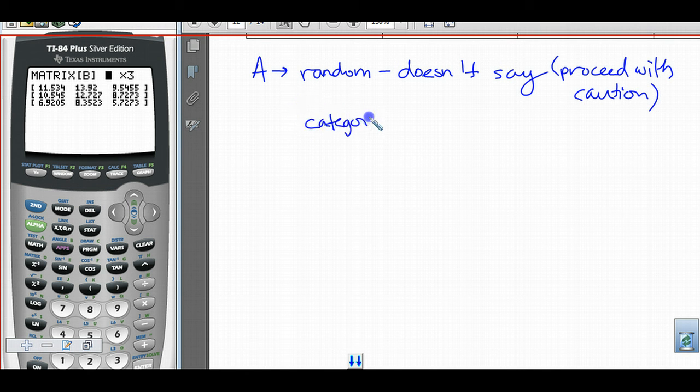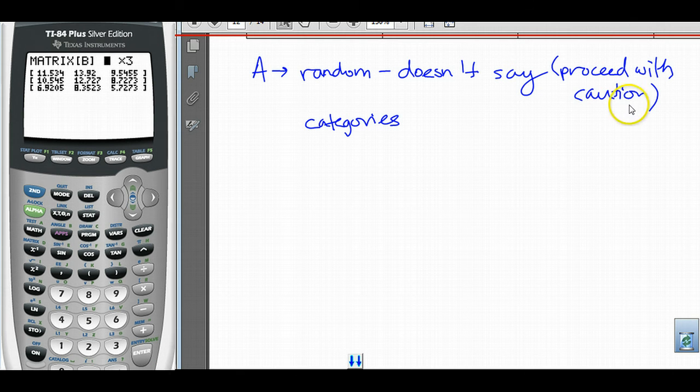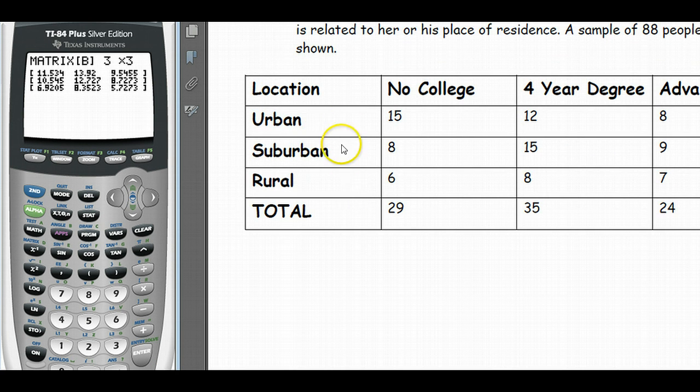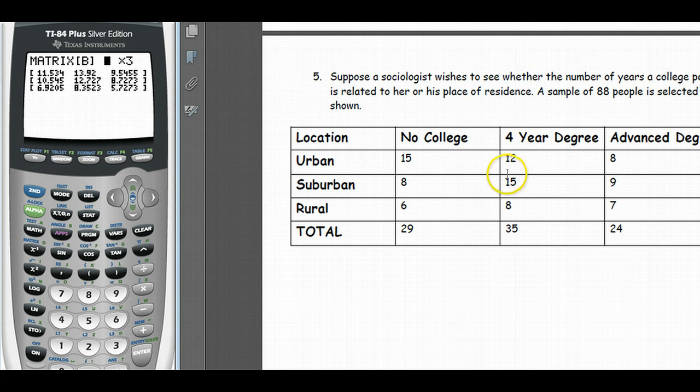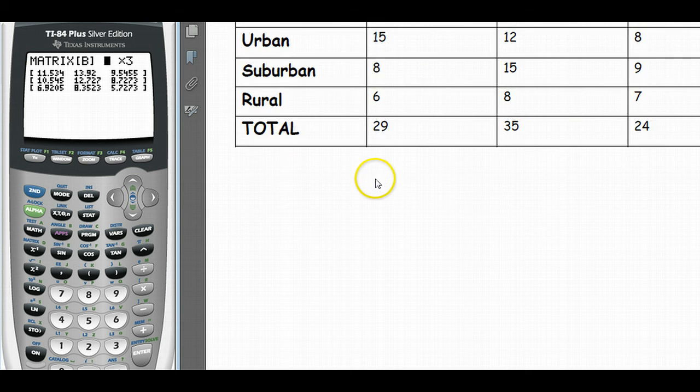The categories. There were 3 categories for location and then 3 categories for degree.